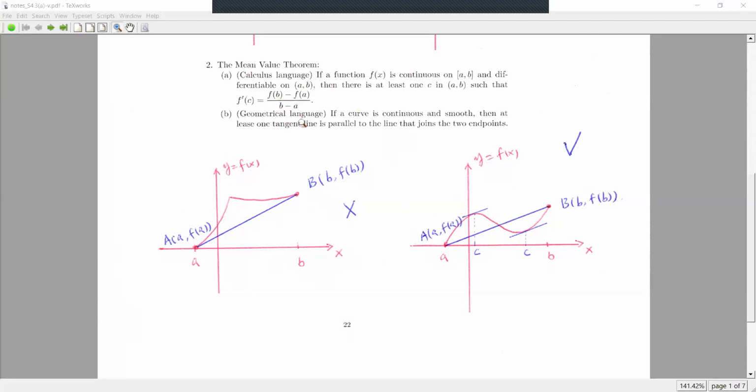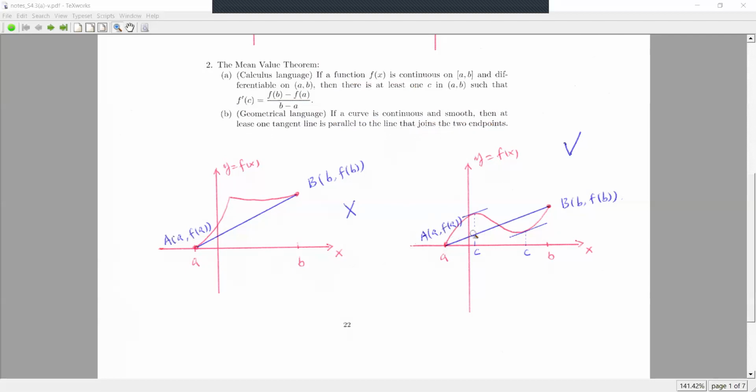In geometrical language, this theorem is: if a curve, a function, is continuous and smooth everywhere, no corner, then at least one tangent line is parallel to the line that joins the two endpoints.